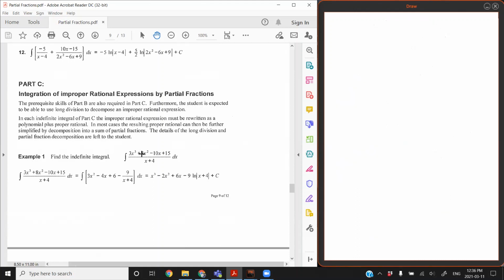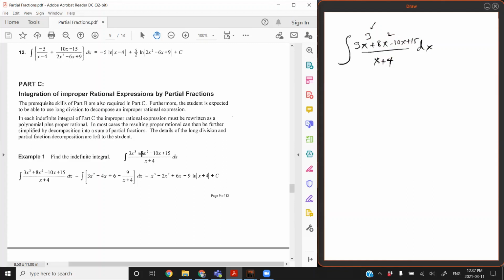If you're dealing with an integral of a rational expression where the numerator has a degree higher than the denominator, like here you have 3x cubed plus 8x squared minus 10x plus 15. So the highest degree here is 3. At the bottom, you have x plus 4. So it's linear. The degree is 1. That would be an improper rational expression.